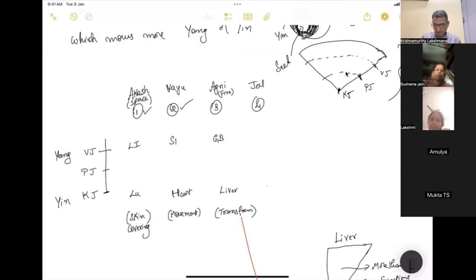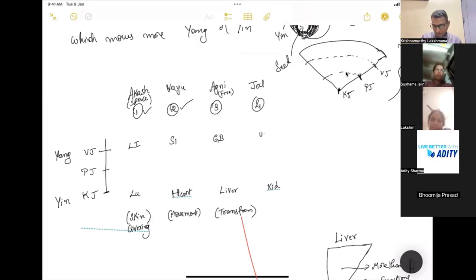Yin organ. So I will associate kidney with finger number 4, Kapha joint. And its yang is the urinary bladder. I will associate it with the Vata joint. So that is why kidney and urinary bladder have come to finger number 4, Jal.